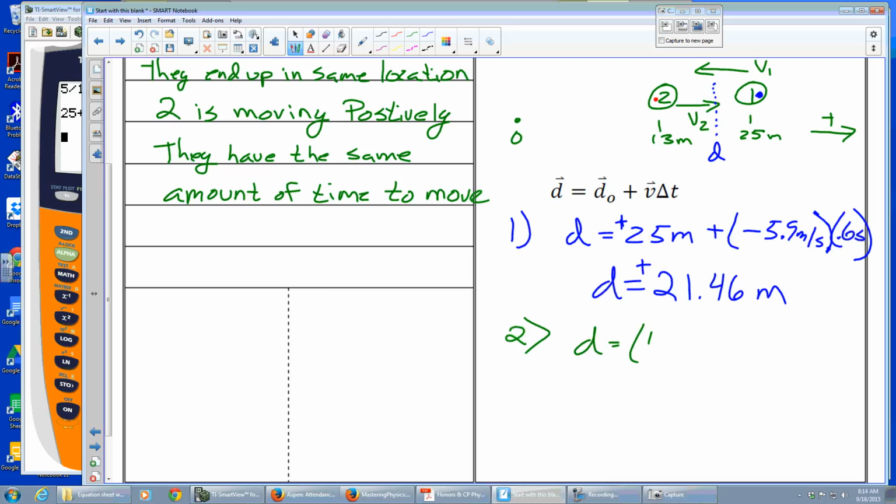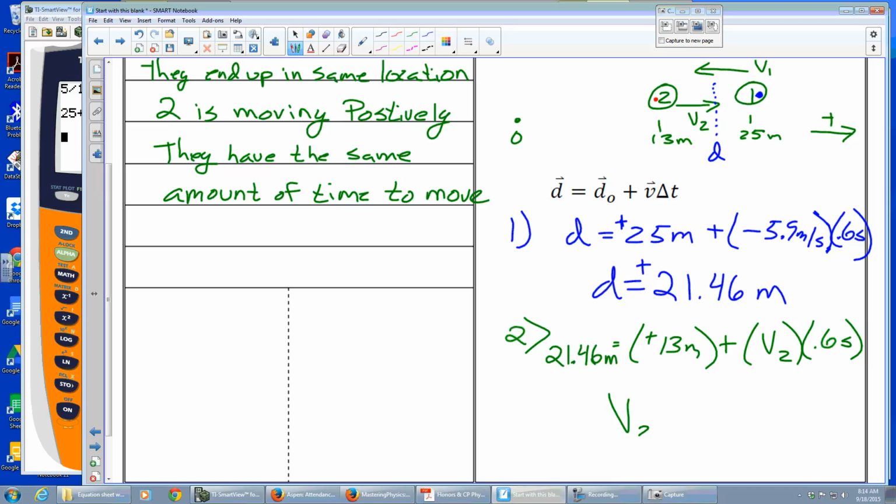Starts at positive 13 meters, plus, I don't know what V is, so we'll just call it V2, but I know it's positive, and it also moves for 0.6 seconds. Oh, wait a minute, I know D now, don't I? Yeah, I know D. 21.46 meters is where it ends up.